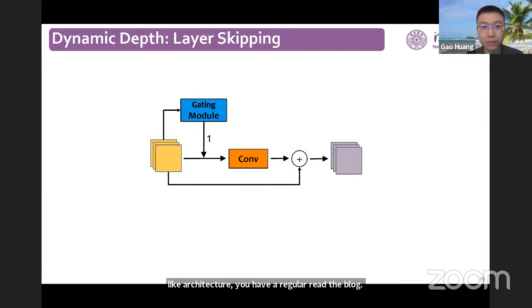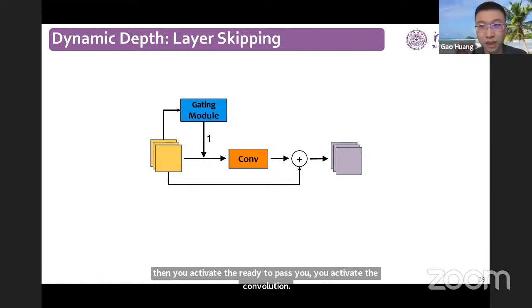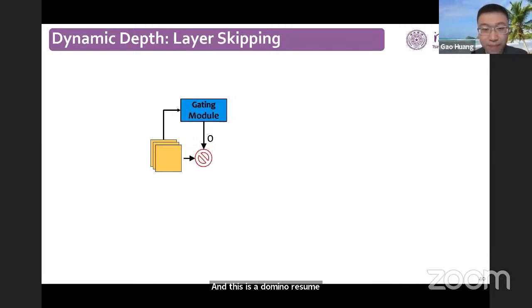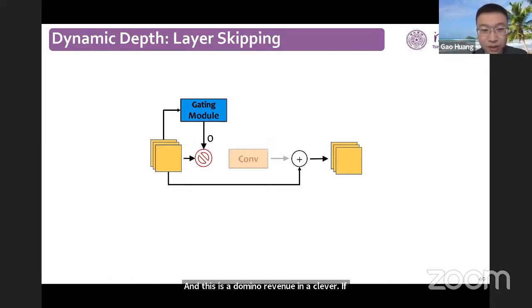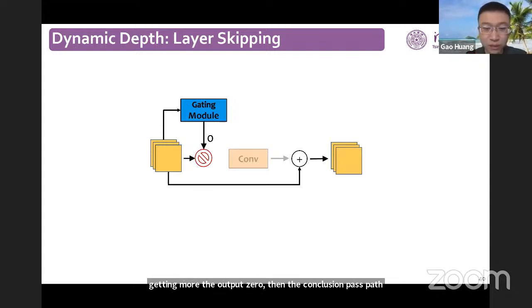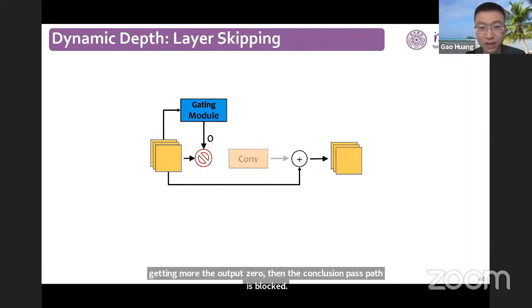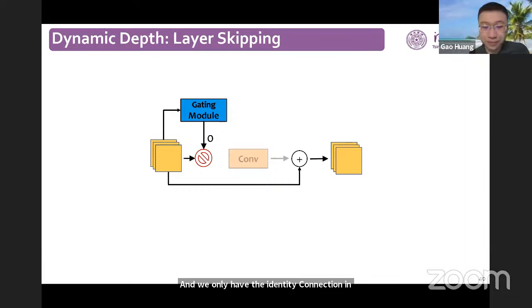If the output of the gating module is 1, then you activate the residue path, you activate the convolution, and this is a nominal residue unit. However, if the gating module outputs 0, then the convolution path is blocked, and we only have the identity connection in this unit. In this way, the depth is reduced when the gating module outputs 0.